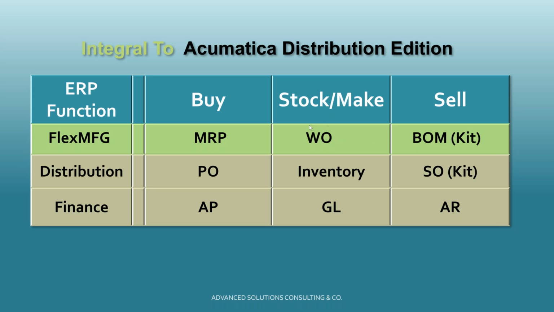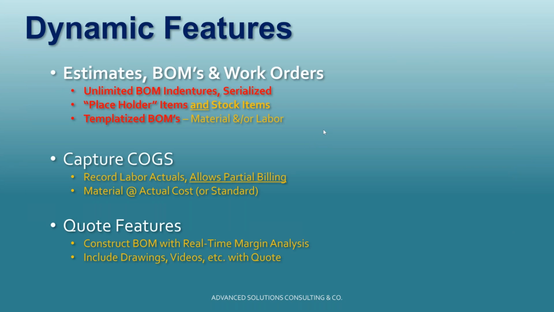That BOM can be driven by a work order, and then we can apply material requirements planning in terms of assuring that we have products. MRP integrates with the purchase order tool within Acumatica. The BOM integrates with the sales order in Acumatica, and all of the distribution and trade functions integrate with Acumatica Finance.